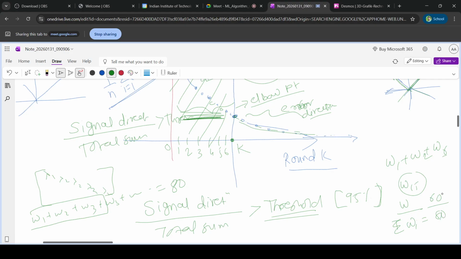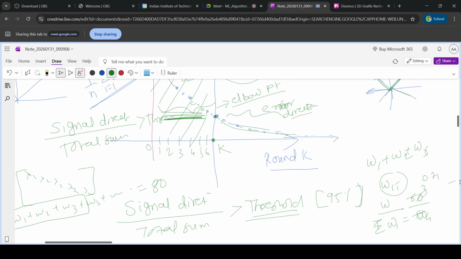So let's do that calculation. It comes to 75%, but that is not sufficient. So you have to check another W. Take W7, W8, W3.